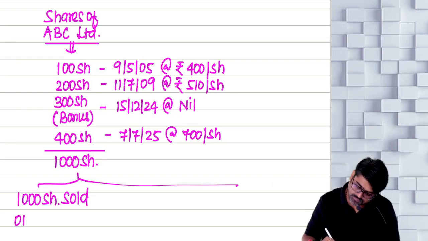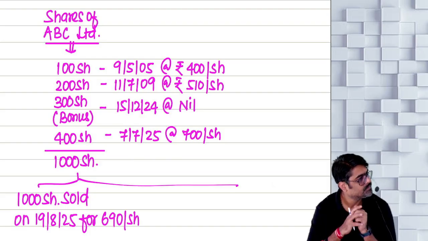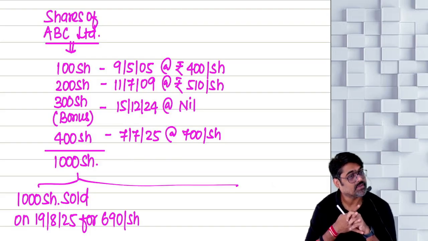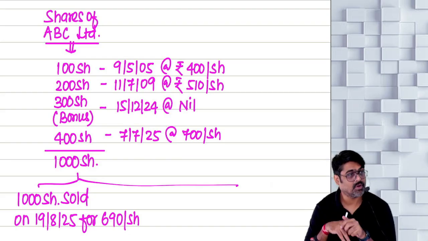Sold on 19th of August 2025 for 690 per share. Possible, not possible?